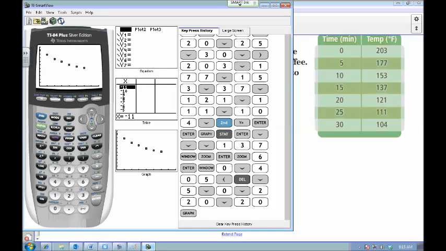The only problem is, right now, the way we have it set up, the calculator thinks that we have an asymptote at y equals 0 at the x-axis. It's thinking that the coffee can cool all the way down to 0 degrees. Is that what's going to happen? Eventually, you think the coffee will get to 0 degrees.